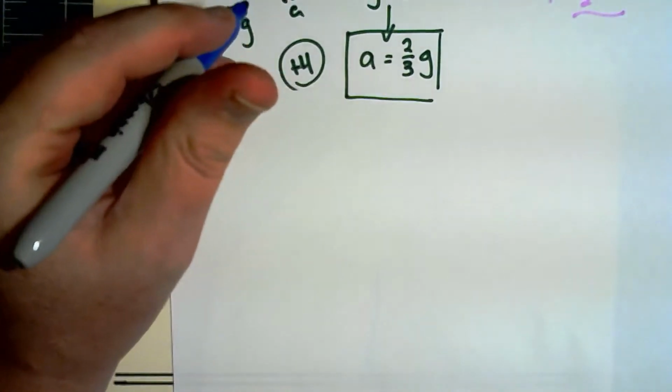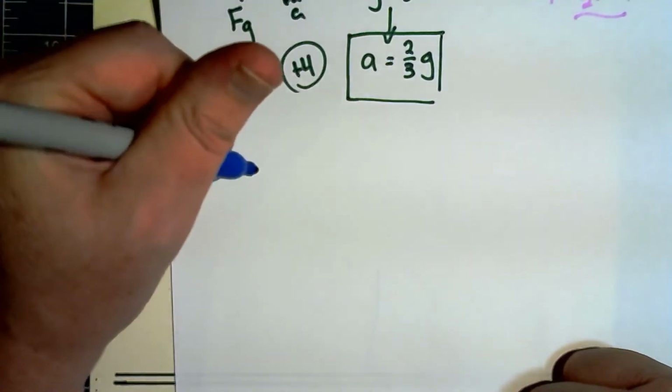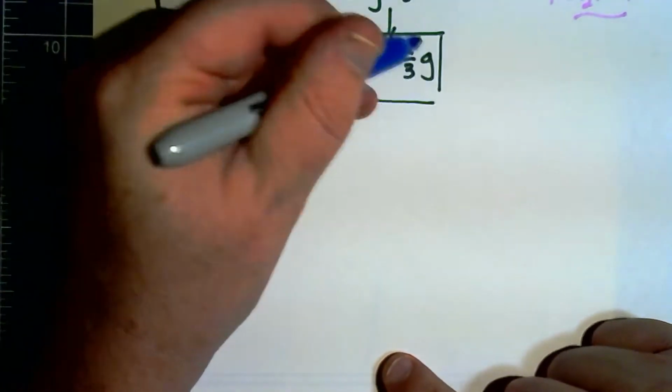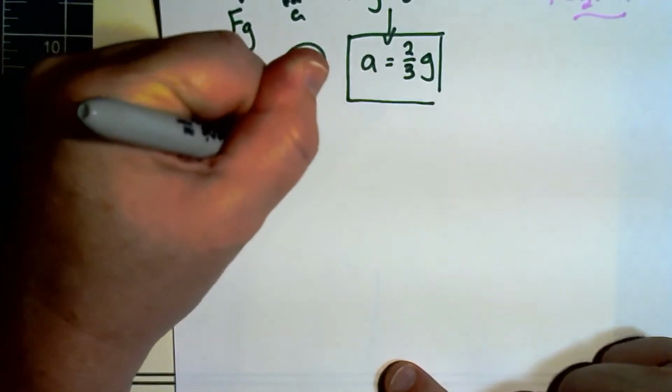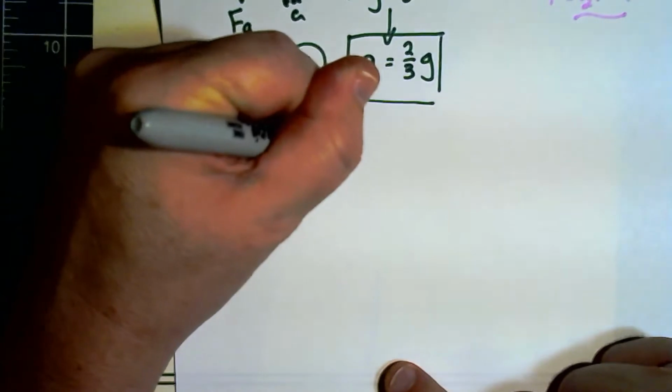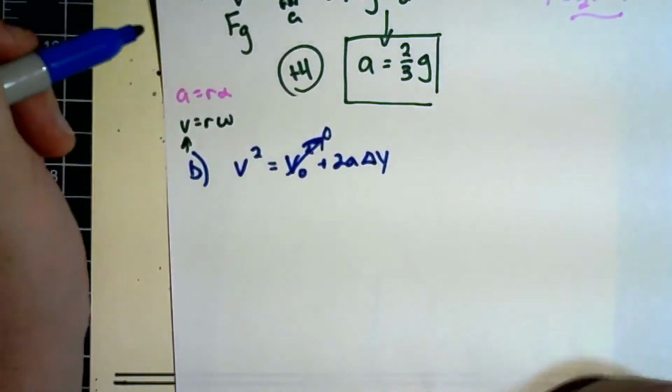So this object is being dropped from rest, and so it does have an acceleration down. So it's a constant acceleration. It's 2/3 of g. So I'm going to use a kinematic equation: v squared is equal to v naught squared plus 2a delta y. Well, my initial velocity is 0. It's easy enough.